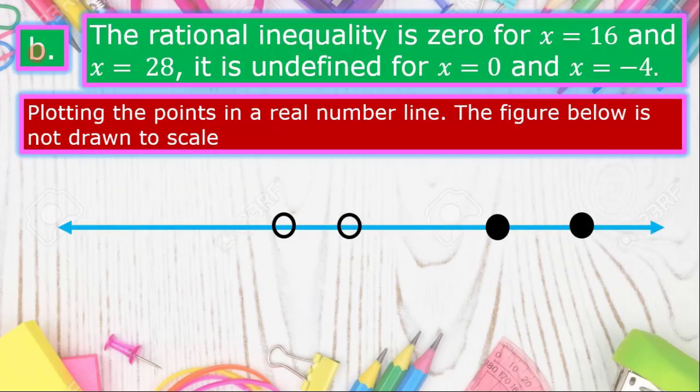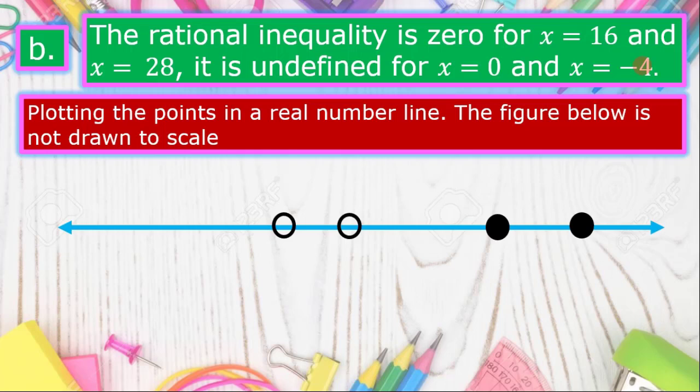So, let's discuss letter B. The rational inequality is 0 for x equals 16 and x equals 28. And it is undefined for x equals 0 and x equals negative 4. So, 16, 28, 0, and negative 4 are what we call the critical numbers.